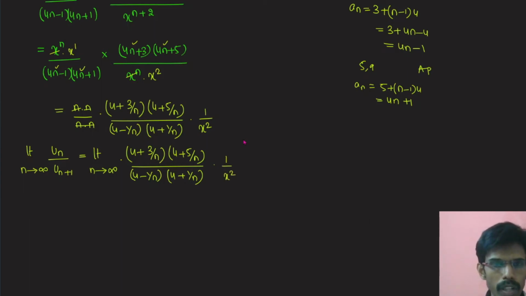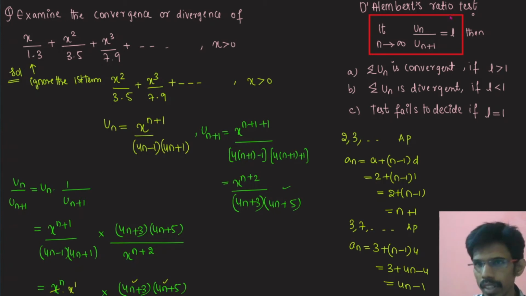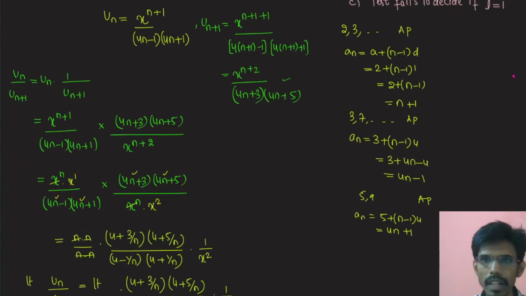Now if I put n equal to infinity, 1 by n will be 0. So I am getting 4 into 4 upon 4 into 4 into 1 by x square. So the value of this will be 1 by x square. Now we got this limit n tends to infinity of Un by Un plus 1, the value L, that is 1 by x square. See here, the series will be convergent if this ratio or limit is greater than 1.